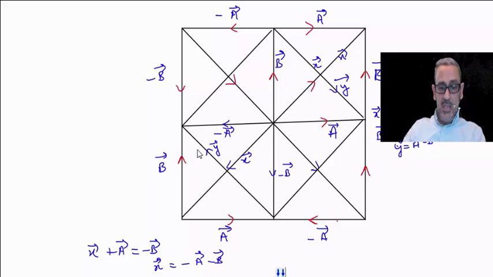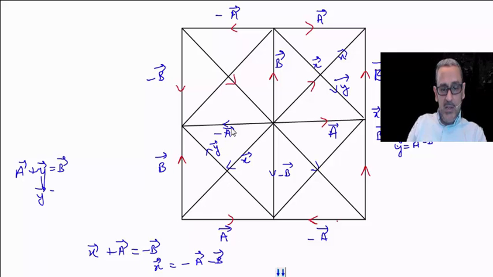And if this is y, then a plus y is equal to b, because this is the triangle. So a plus y is equal to b for this case, so y is equal to b minus a.